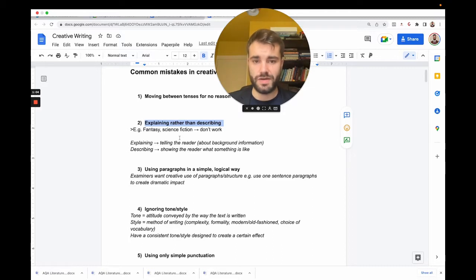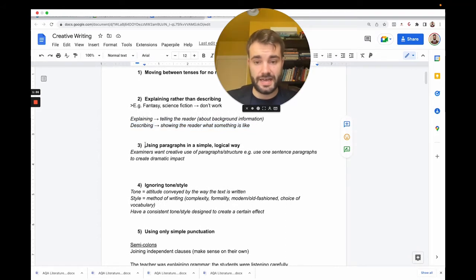If you have a story where you have to do a lot of explanation of what's even going on so the reader can understand it, then again, that's not going to work, which is why things like fantasy or science fiction don't work in GCSE creative writing, because you have to go on about the backstory, explain what's going on to the reader before they can understand the story, and you don't have then enough time to do the description where you really get the marks. So we simply want to focus on not telling the reader about background information, but showing the reader what something is like by describing it.